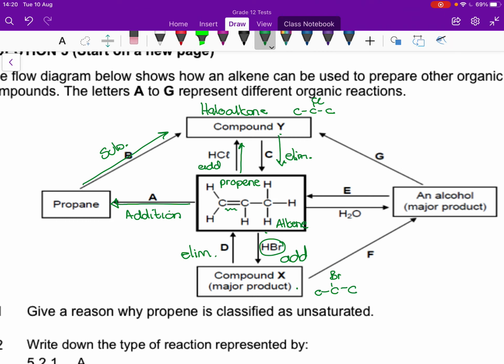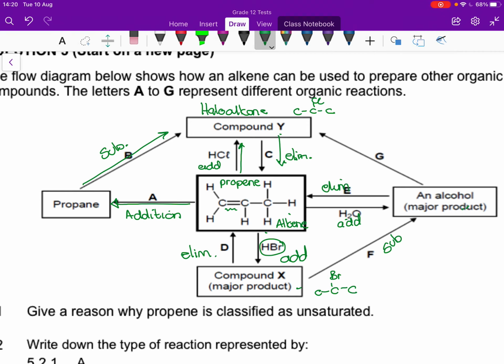Then compound X becomes an alcohol. This is definitely a substitution reaction. And we would have added H2O or a dilute strong base. To go from alkene to alcohol, and we add H2O, that's again an addition reaction. To go from the alcohol to the alkene has to be elimination, it's the opposite.